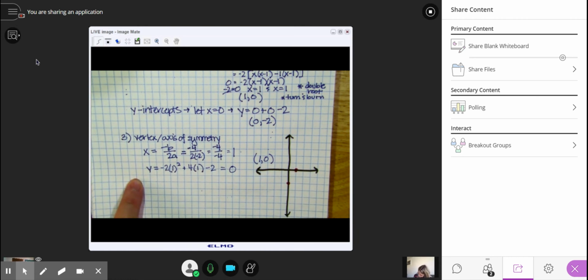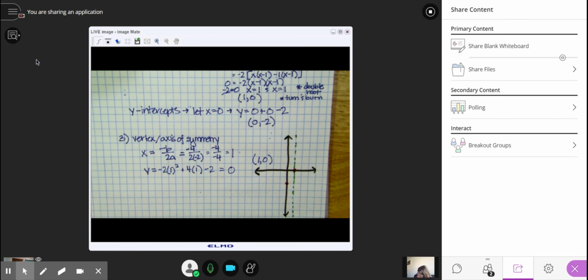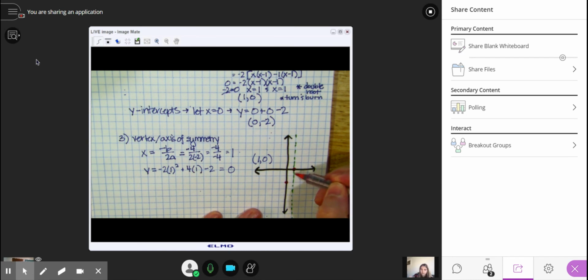My vertex / axis of symmetry is at 1, 0. And my x-intercept is 1, 0.